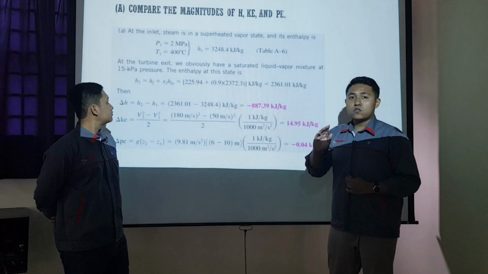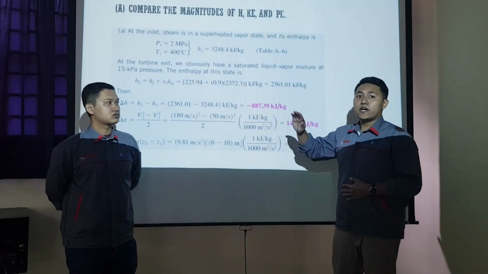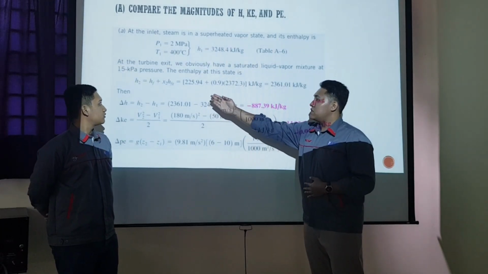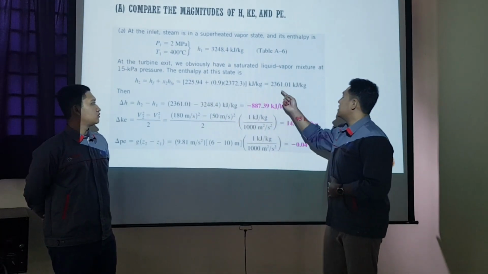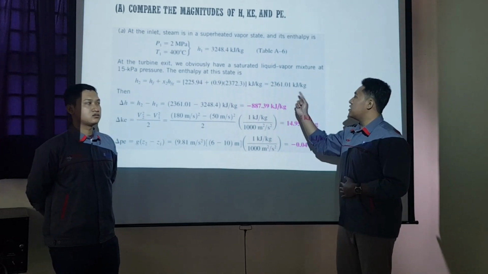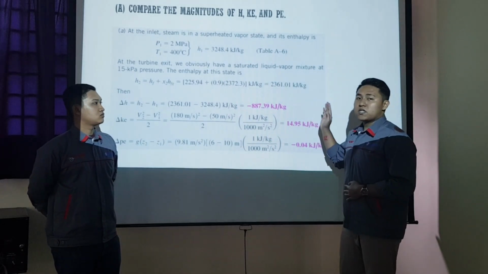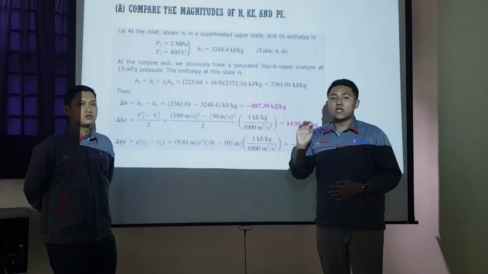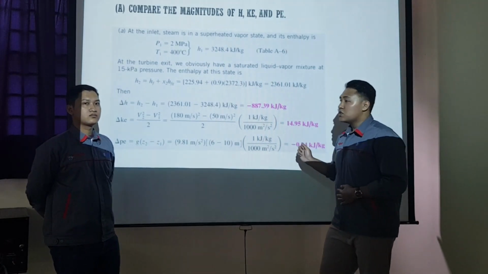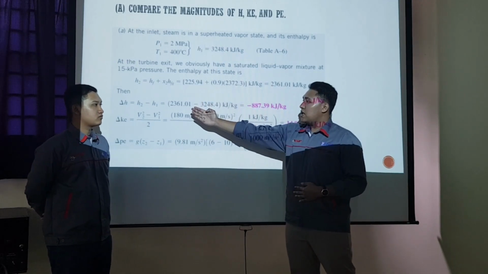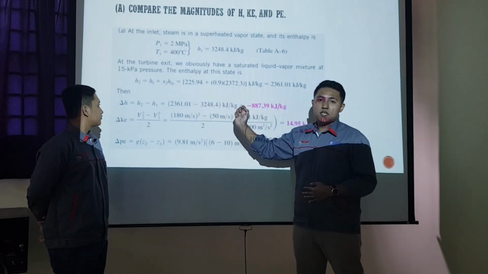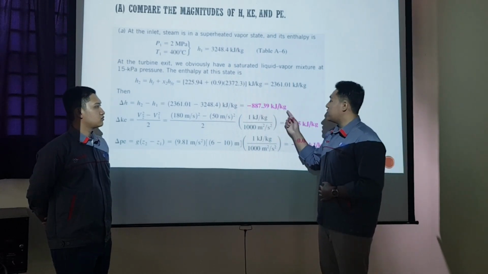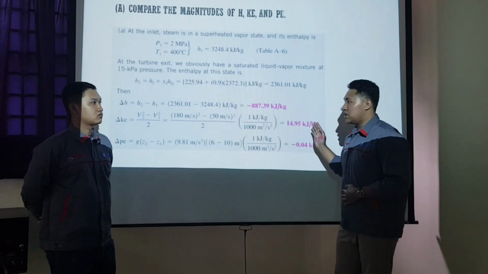We want to know the enthalpy at the outlet, which is h2. We can calculate using this formula, and we will get 2361.01 kilojoule per kilogram. To calculate the change of enthalpy, we take enthalpy 2 minus enthalpy 1, and we will get negative 887.39 kilojoule per kg.